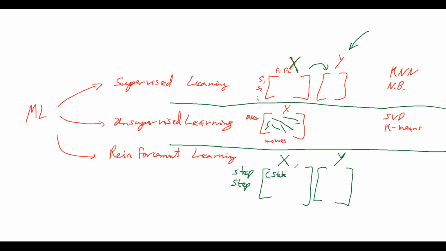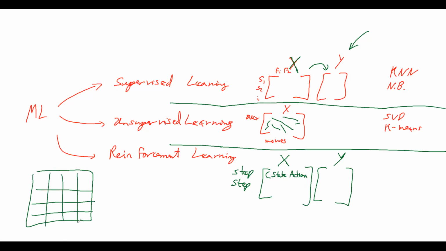If it's a board game and you're moving across the board, what's the state? You were here and then you went left, so now you're here. That's the state, right? You move from one spot on the board to another spot on the board.